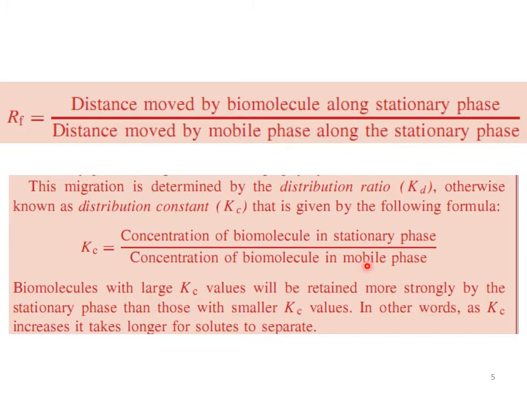If a substance is going to partition more in the stationary phase, it will travel less distance and hence the distribution constant will be more. On the other hand, if some molecules have greater affinity for the mobile phase, then they will partition more in the mobile phase, will travel greater distance, and hence will have a low value for Kc.